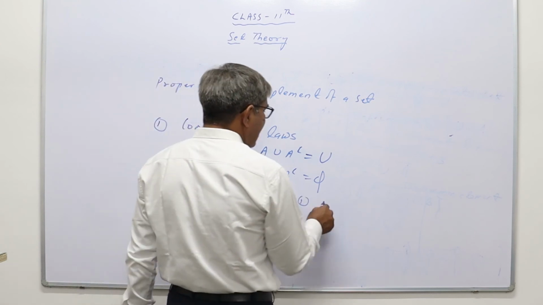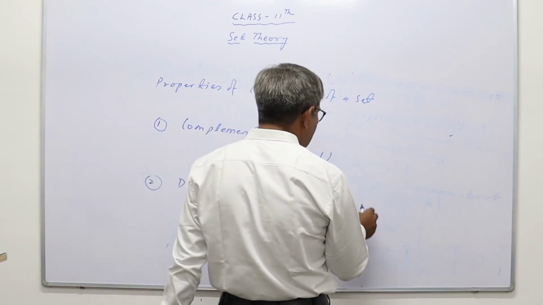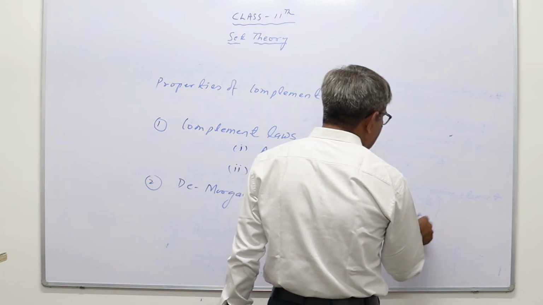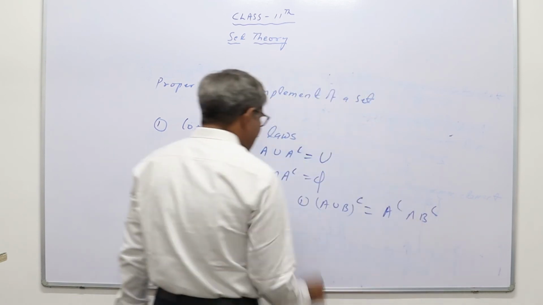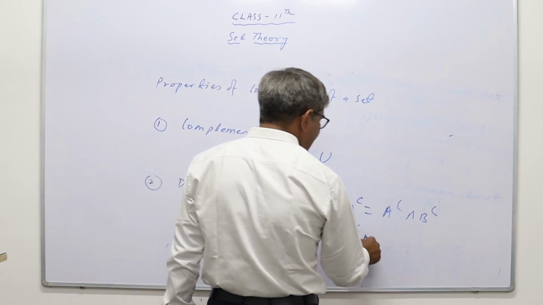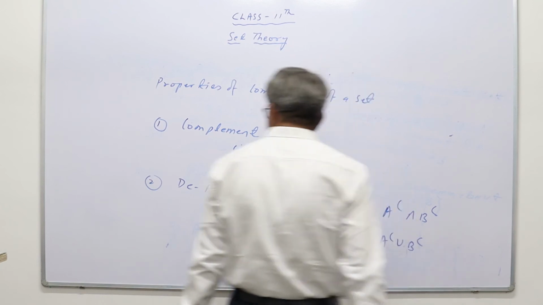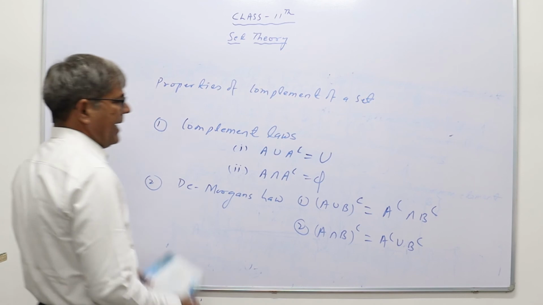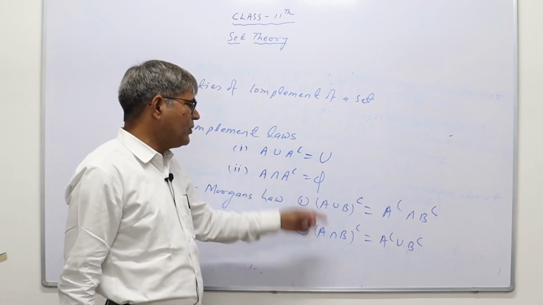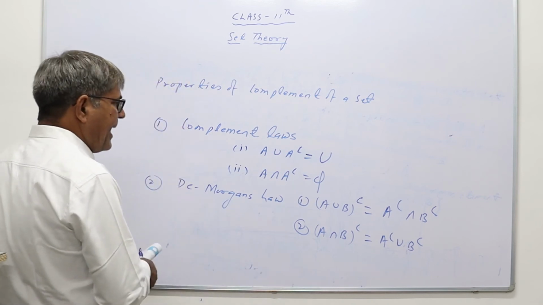First, A union B whole complement is equal to A complement intersection B complement, and similarly A intersection B whole complement is equal to A complement union B complement. So this is De Morgan's law, and on the basis of this property we will do some applications for the given sets A and B.